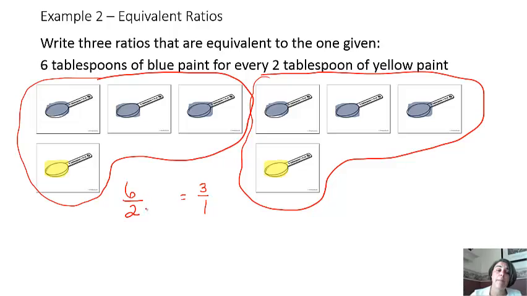And I can do that by 2 divided by 2 is 1. 6 divided by 2 is 3. So 6 to 2 and 3 to 1 represent the exact same ratio. You're going to be able to create the exact same shade of green.